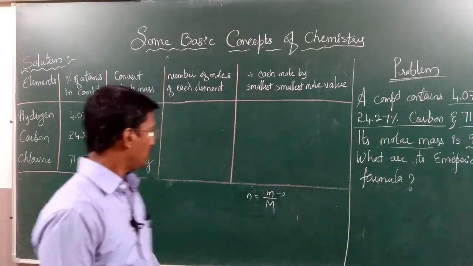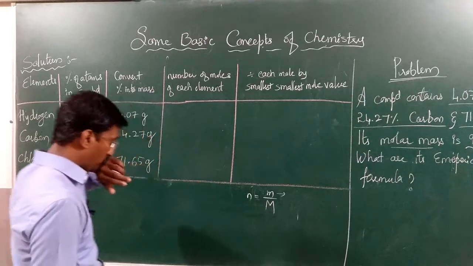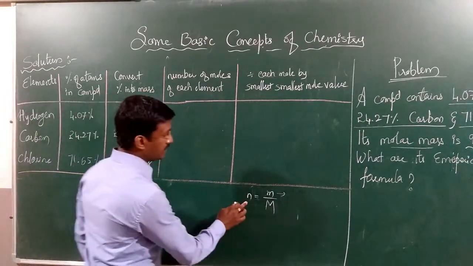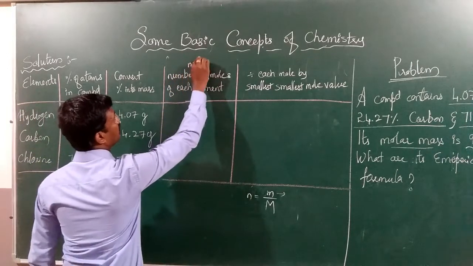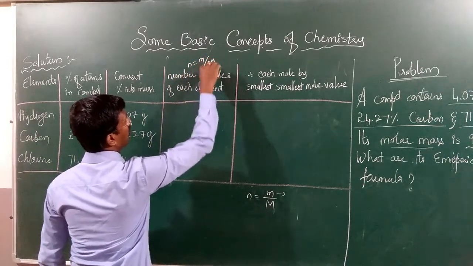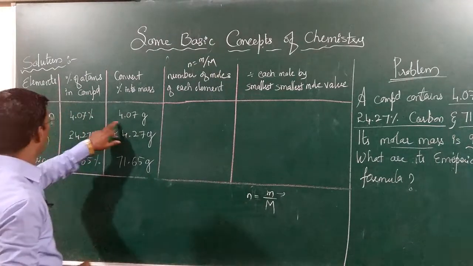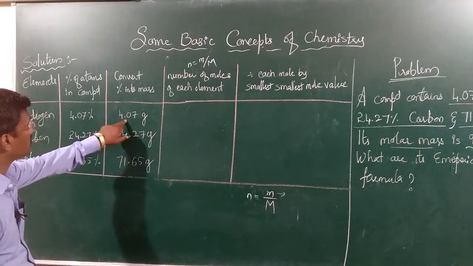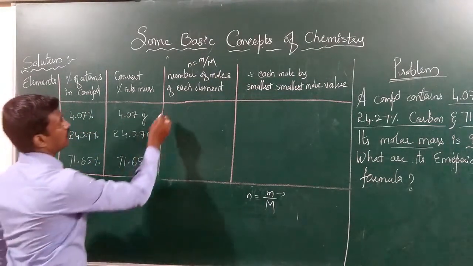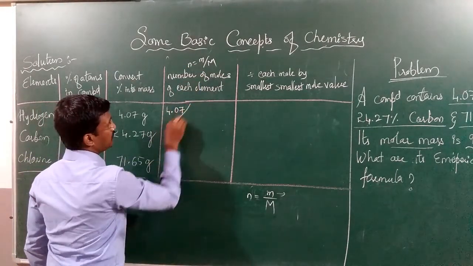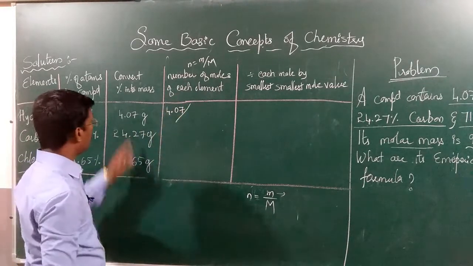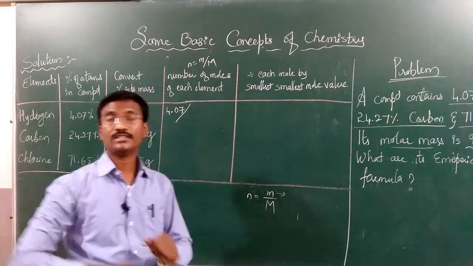So similarly, the first one here is how you have to calculate. n is equal to number of moles you have to calculate. n is nothing but small m upon capital M. Small m is given mass. How many hydrogens are there? It is 4.07. It is given mass divided by the mass of hydrogen. What is the mass of hydrogen?